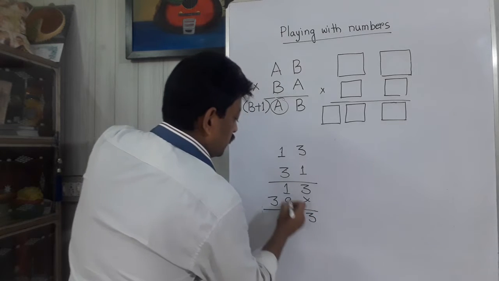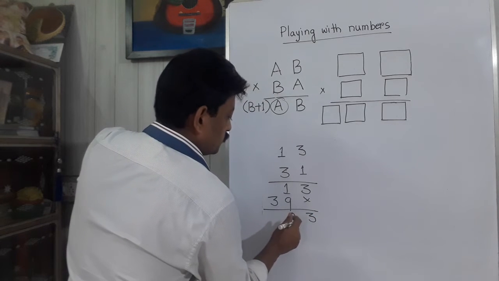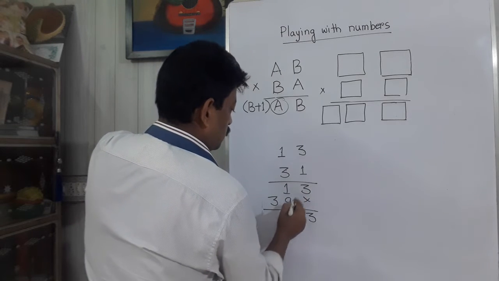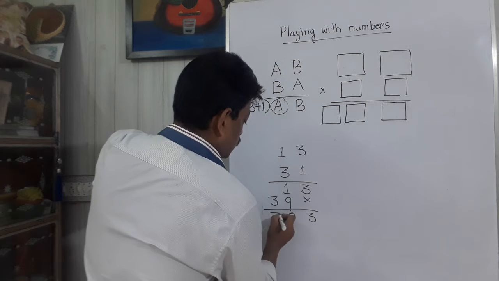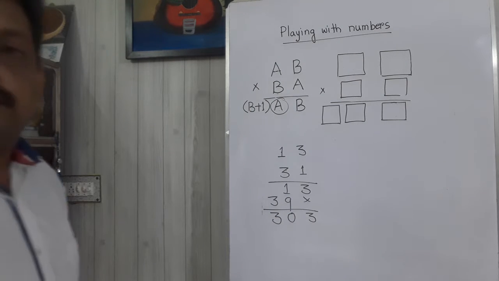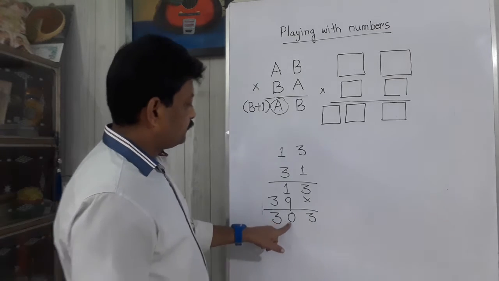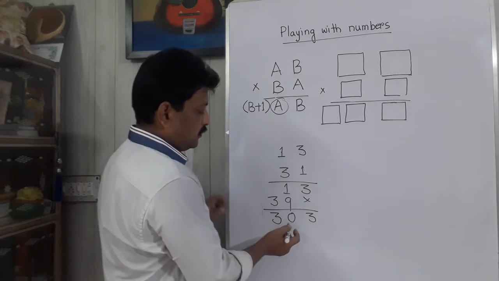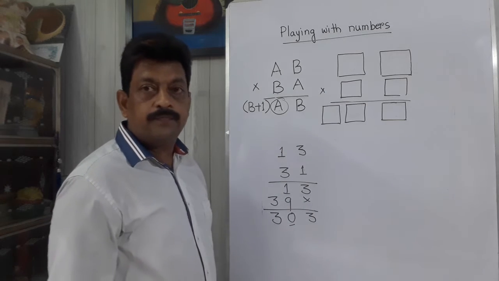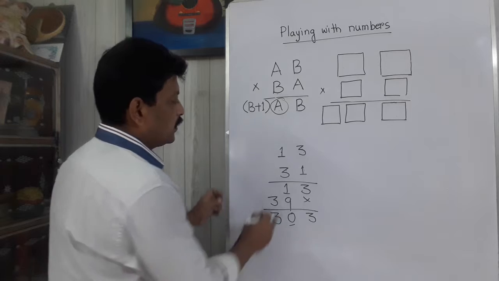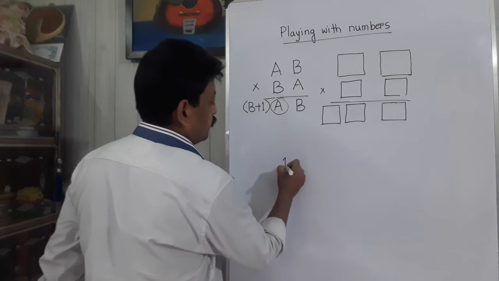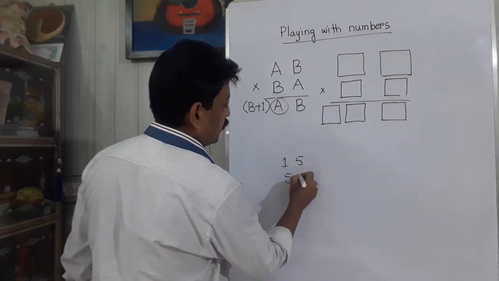So it is 3, 0, 3. So it is also not matching. See here, I have taken A as 1, but here A is coming 0. So we cannot take 3. Let me try with some more numbers. Let me try B as 5. 15, 51.